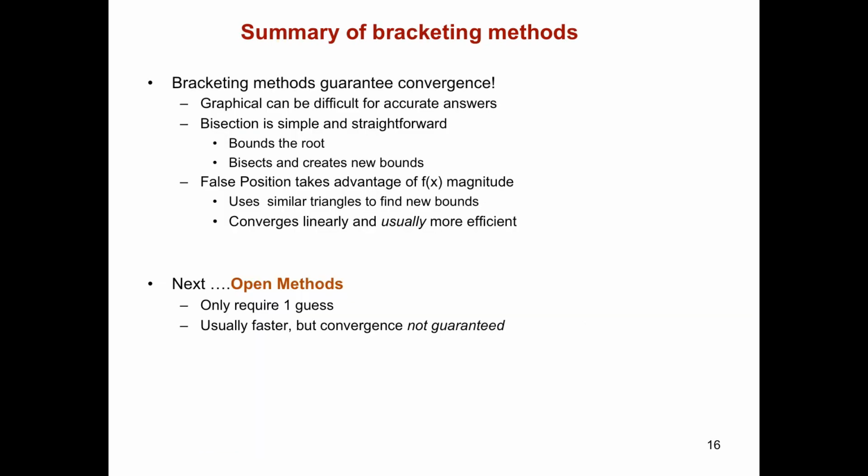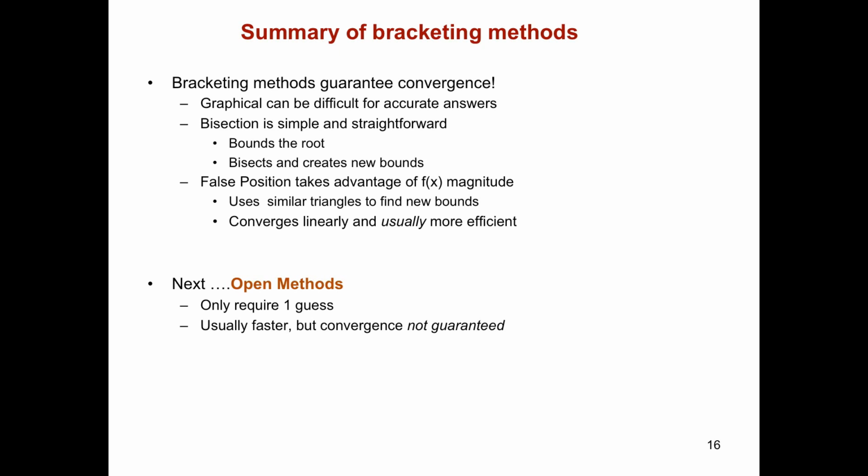Now, so basically in summary for bracketing methods, I do need to estimate where my function is, or typically we look at the function graphically and figure out what the bracket should be, or maybe I know something about the physical behavior of the problem that tells me where I should search.